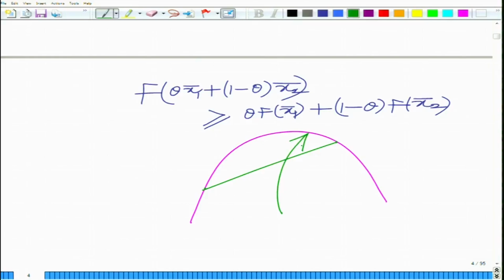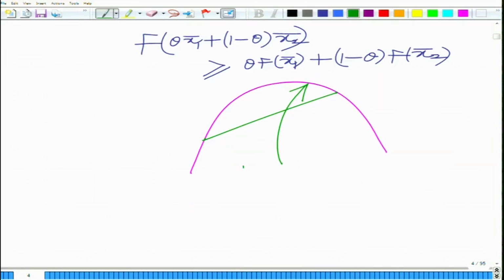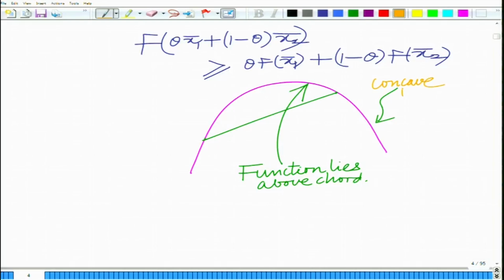So, the function lies above the chord for a concave function. This is your concave.